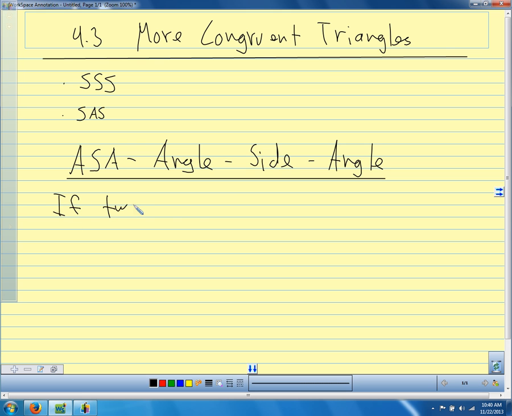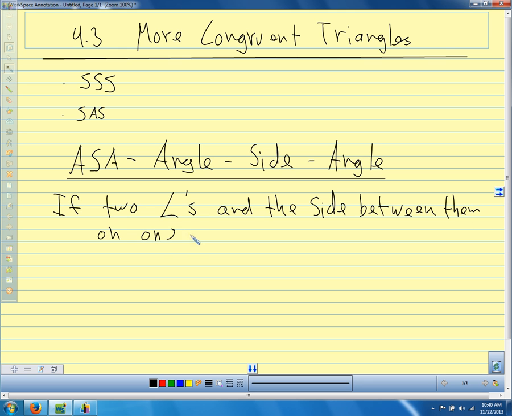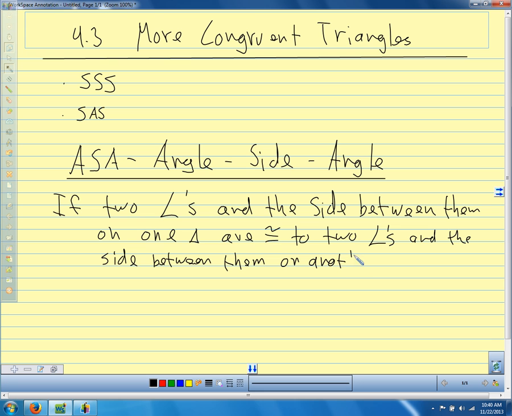If two angles, I'm going to use a little shorthand here, and the side between them on one triangle are congruent to two angles and the side between them on another, then we know that the triangles are congruent.